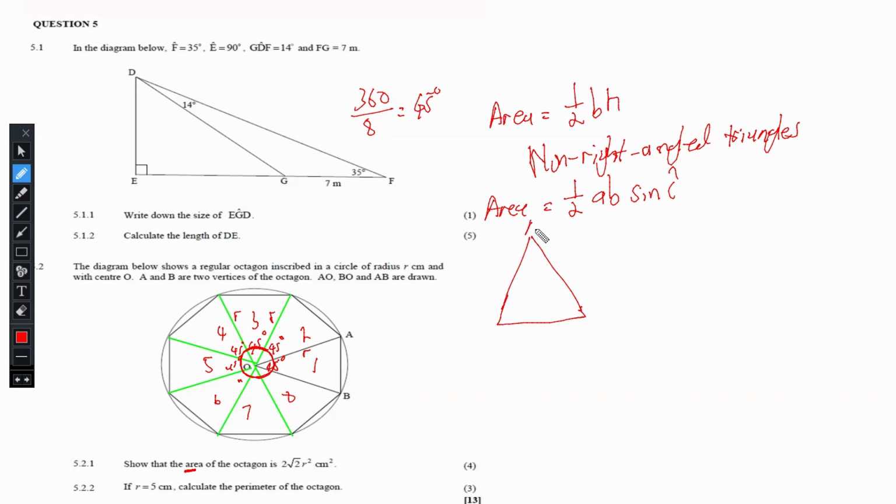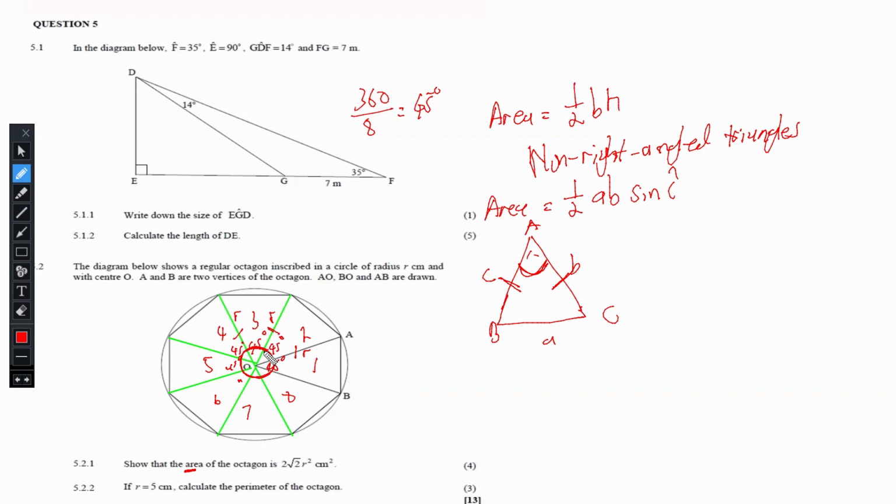If you have triangle ABC, this is side a, this is side b, this is side c. If you have the angle here, then it simply means take this side, take that side, and also the angle in between. So it's a side, and then the angle in between, which we can see here. For all of them, side, angle in between.